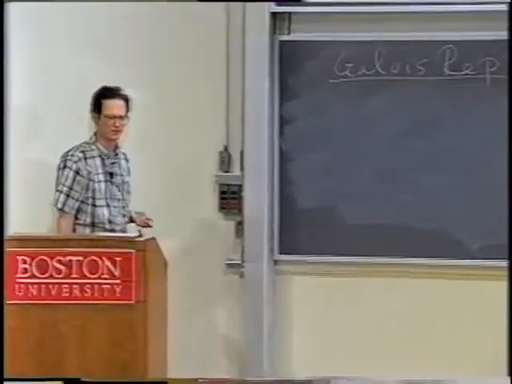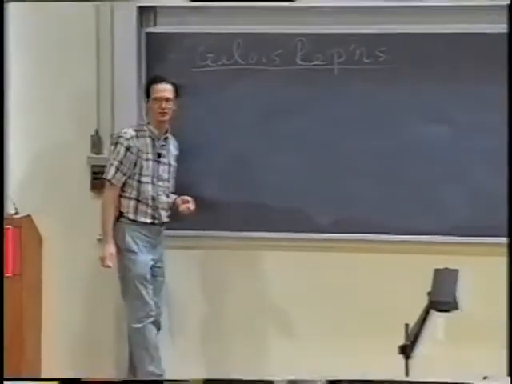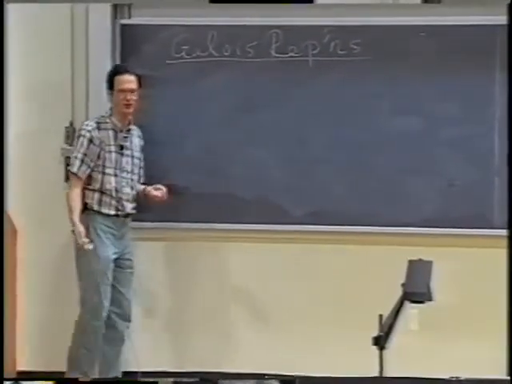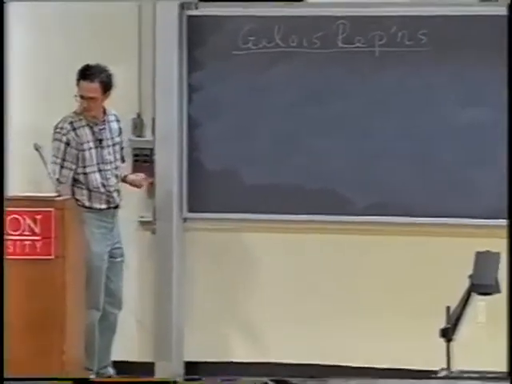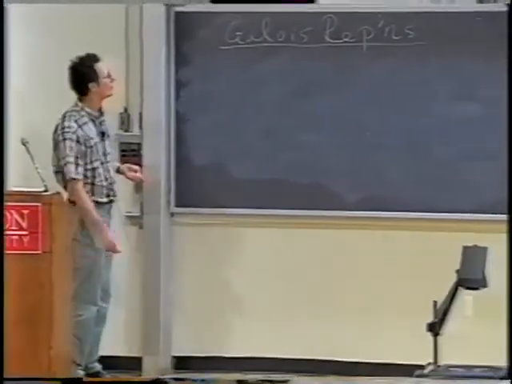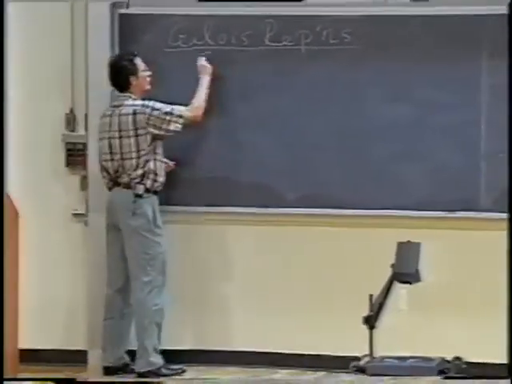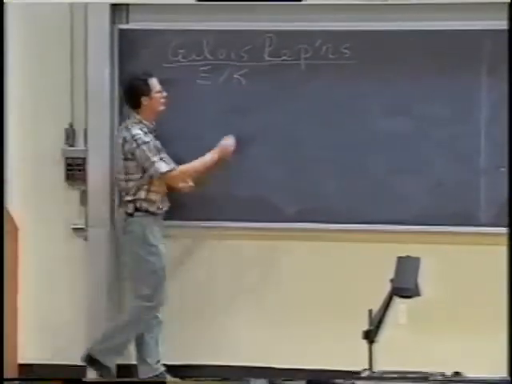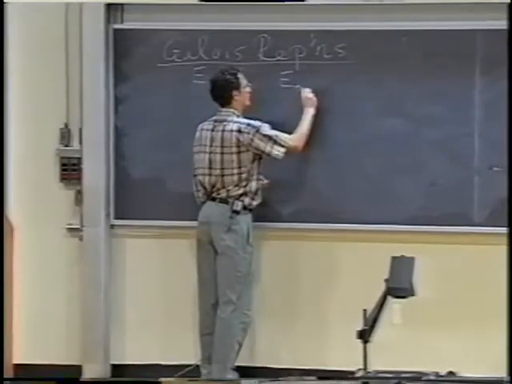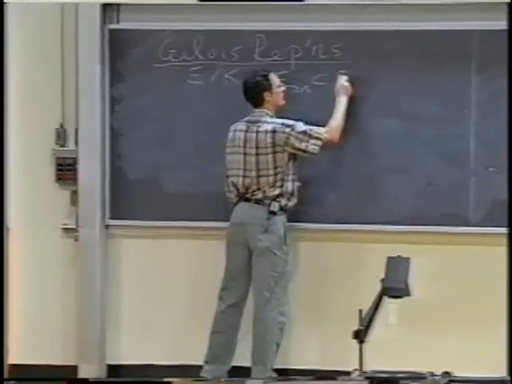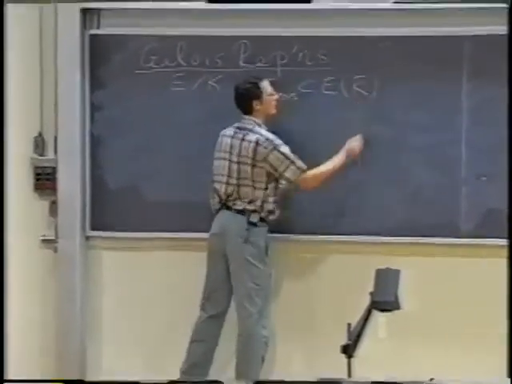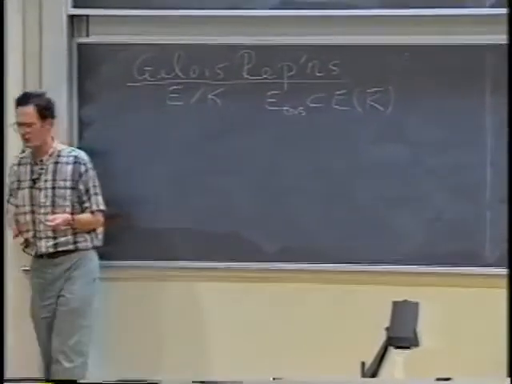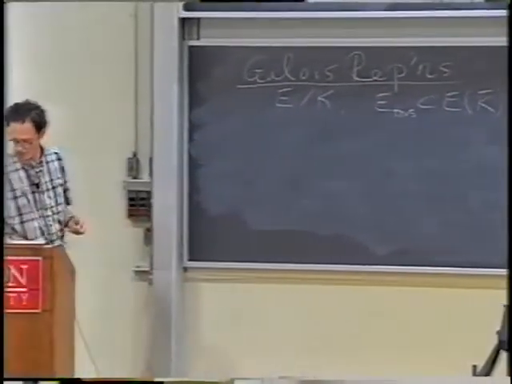I'm going to assume that the fields I'm working with are perfect here. So think of a finite field or think of a number field. So what do we do? Well, if you have an elliptic curve defined over K, then the torsion will be defined over K bar. The coordinates of the points will be algebraic numbers.